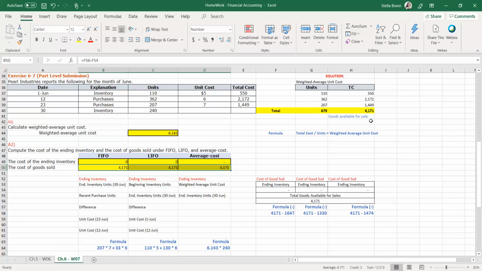It's just the formula I already put in the Excel. We're going to need this value, the goods available for sale, to calculate our cost of goods sold. And here, let's correct that. Sorry.